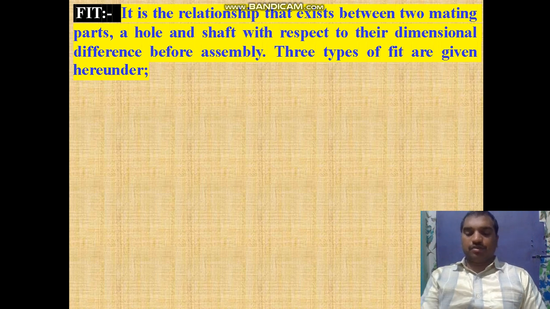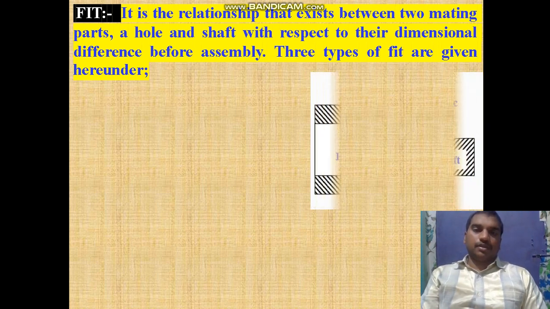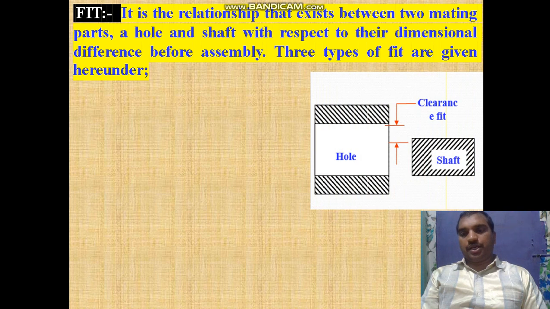Now observe here, this is the hole on the left side, and on the right side of the screen is a diagram representing hole and shaft. In between the hole and shaft there is a lot of gap. If the gap is more, then we can say that it is a clearance fit, that means loose fit.